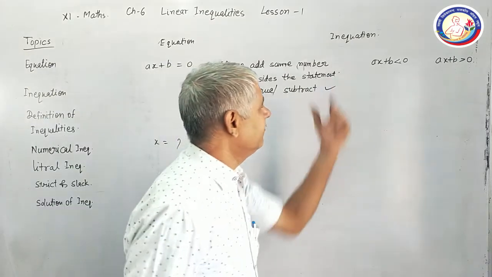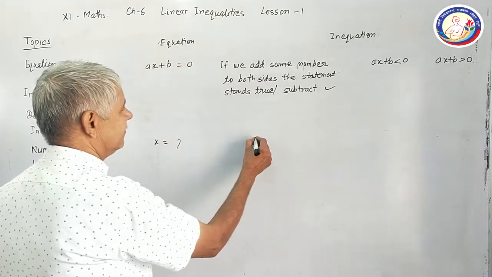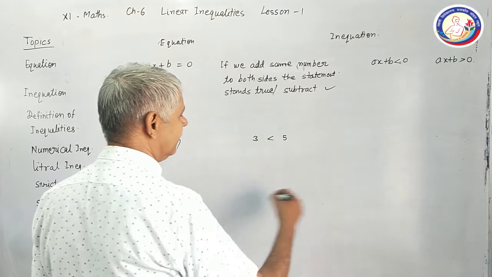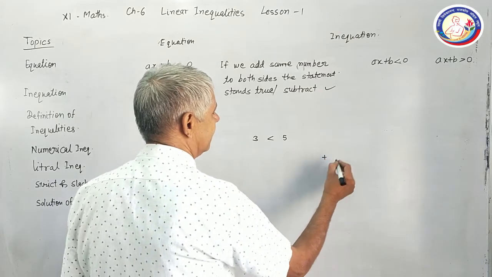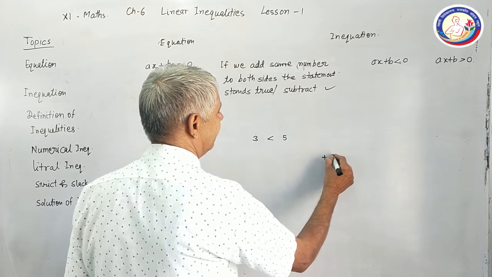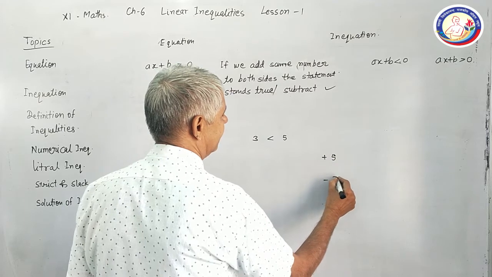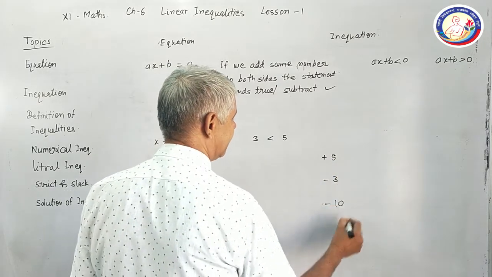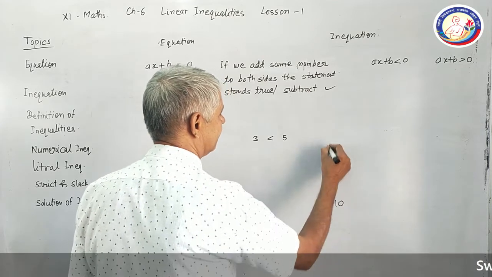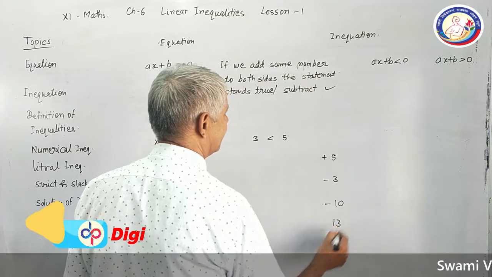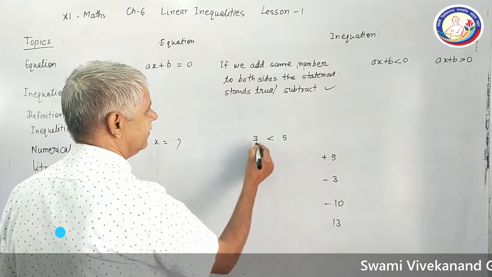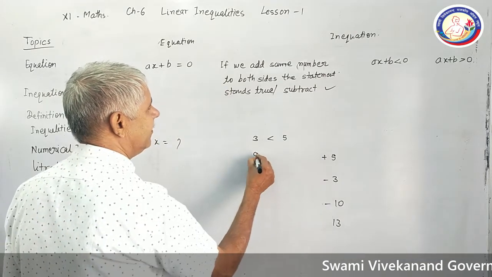A similar case is here. Say 3 is less than 5. Now what am I doing? I am adding 5, adding minus 3, adding minus 10, adding 13. So what will be the condition? If we add 5, it will be 8, and it will be 10.